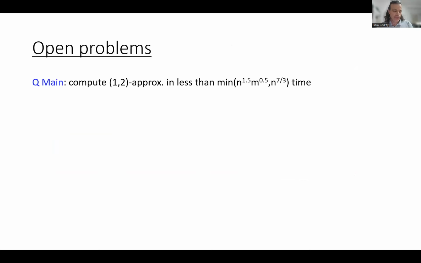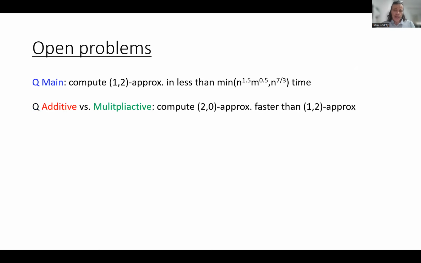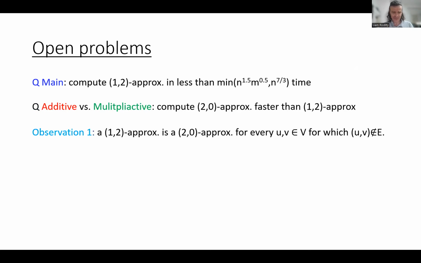So let's see what we can understand from this table. The main open problem is, can we compute an additive 2 approximation faster than Dor, Halperin, and Zwick without fast matrix multiplication? Before we even start to answer this question, maybe we should check what is the relation between additive and multiplicative approximations. So can we compute a (2,0), multiplicative 2 approximation faster than additive 2 approximation?